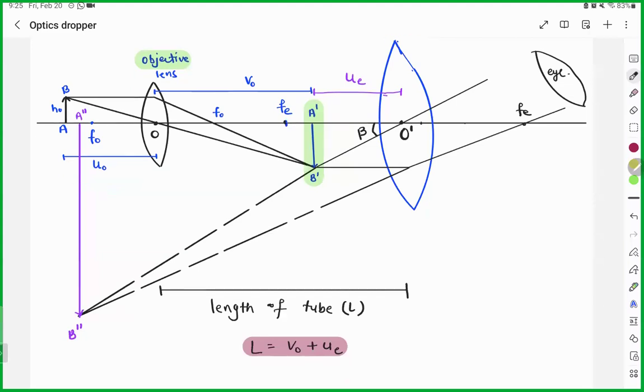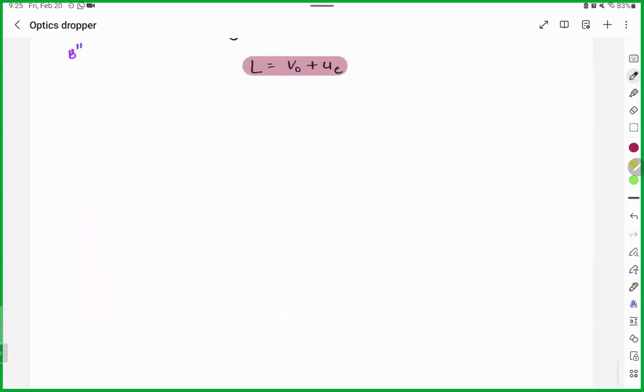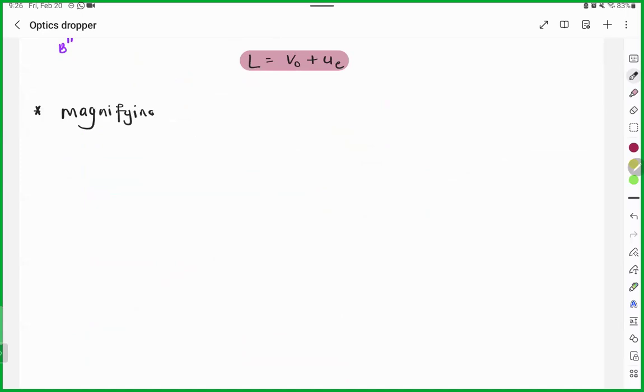Only you are left, so make it fast. We again have to calculate the same magnifying power, and you know the formula. Sarah, what is the formula of magnifying power?